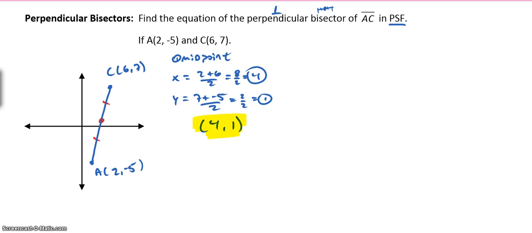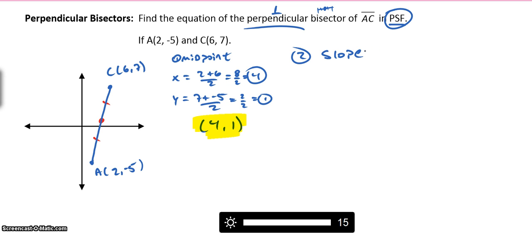Okay, so now the next thing we want to talk about is the perpendicular part. Perpendicular means you make a 90-degree angle, and we know how perpendicular slopes are related. So to write in point slope form, we need a point and a slope. We already have my point. Now we have to find my slope. So we're going to find the slope of AC.